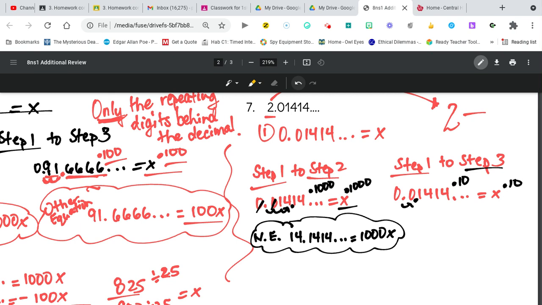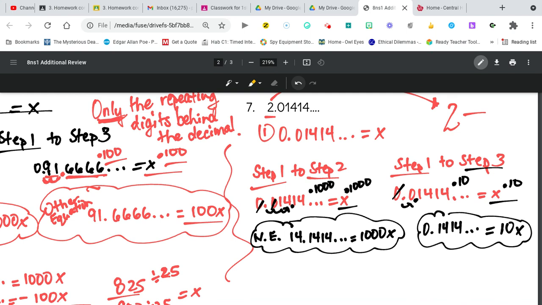Multiply x by 10. Once I move it, I don't need these zeros. Well, I could keep that one. Hold on. I don't need this 0. So that's going to be 0.1414... equals 10x. And these are the two equations I'm going to stack, guys.